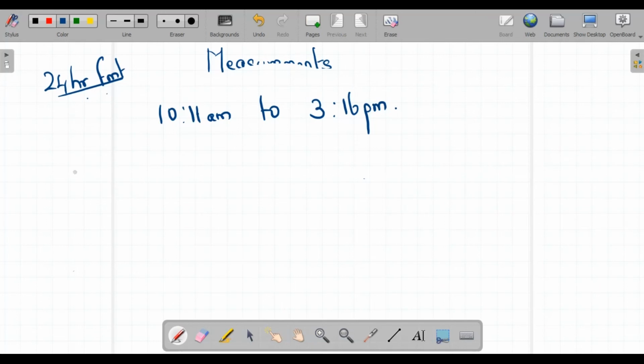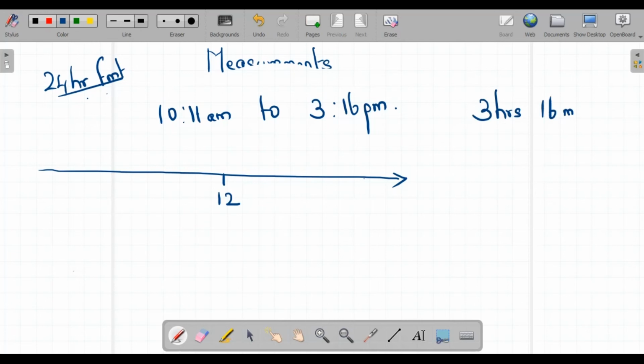So now let us draw the number line again. 12 is a midpoint. From 12 to 3:16 p.m. we know it is 3 hours and 16 minutes. So that part is very clear. Now what we need to calculate is from 10:11 a.m. to 12. So we will mark this as 10, 11 and 12. From 11 to 12 it is exactly 1 hour. So that we have also noted.